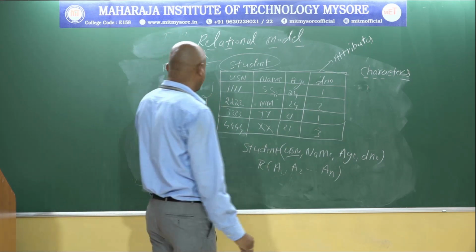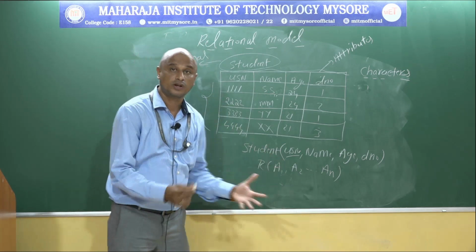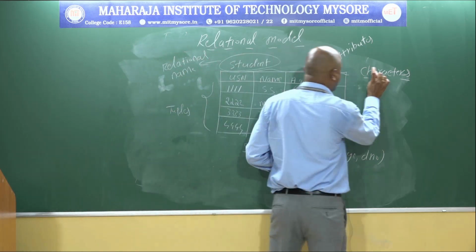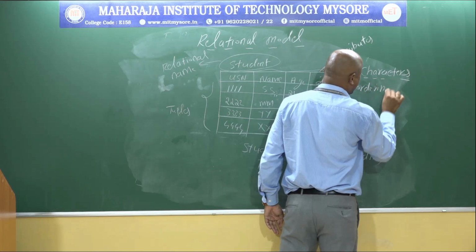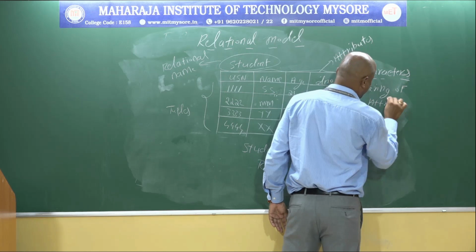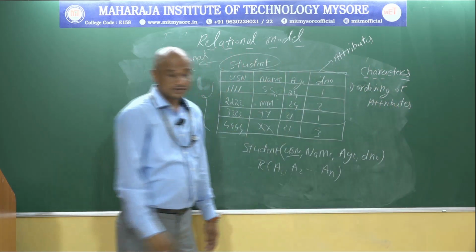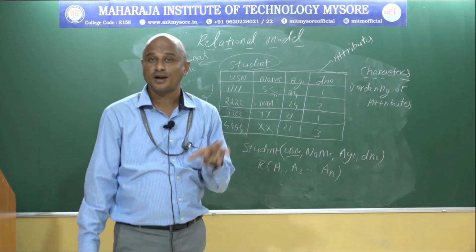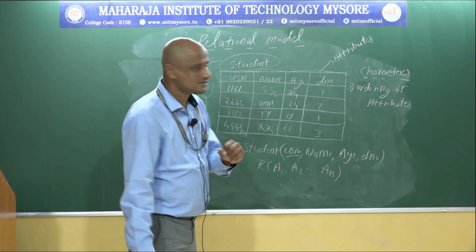So the first thing you want to worry about is the ordering of attributes. That is the first characteristic.